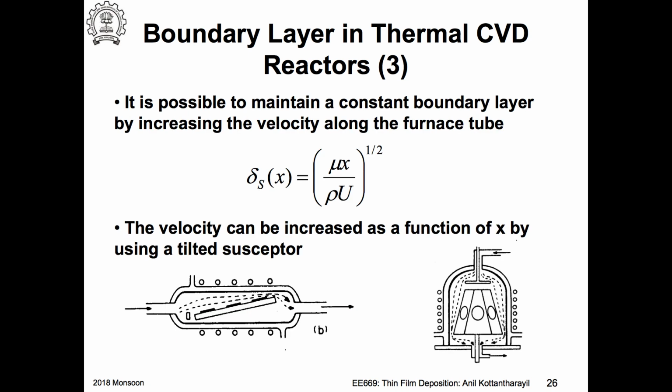So we'll just review this situation in an atmospheric pressure CVD reactor. This is your wafer holder and the gas is flowing like this. So we were wondering why this wafer holder is actually tilted. Or in this barrel reactor, you have the wafers placed on a slanted surface. What you are trying to do is to maintain a constant boundary layer, because if the thickness of the boundary layer changes as I proceed along the furnace, then I have a problem.